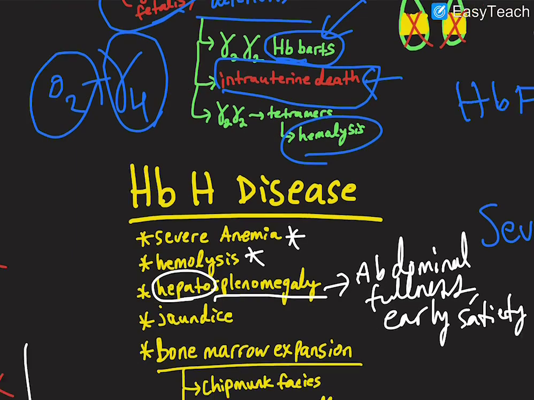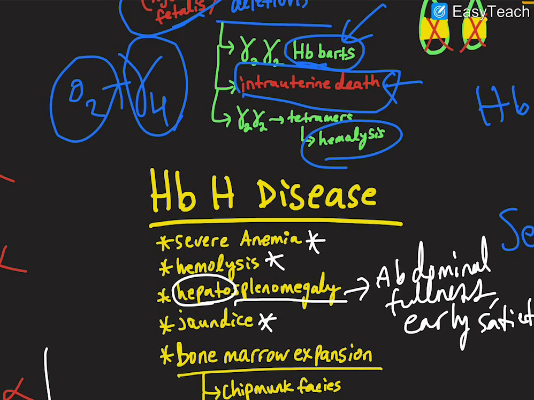And then why would you get jaundice in hemoglobin H disease? Well, remember, what did we say? We get Heinz body formations because of the precipitation of the beta tetramers. That goes to your spleen and gets destroyed. Now, when you destroy red blood cells in your spleen, you get indirect, unconjugated bilirubin released into your bloodstream.